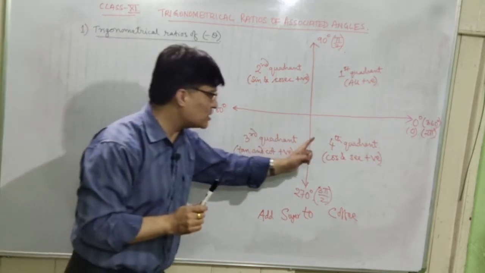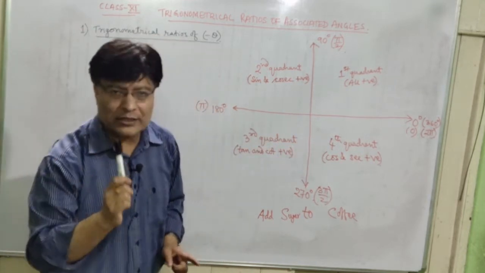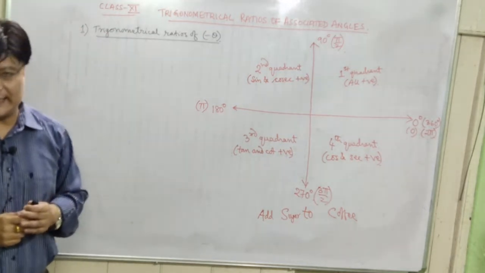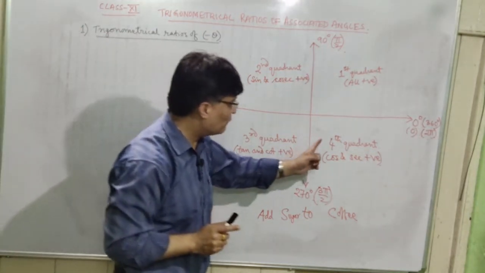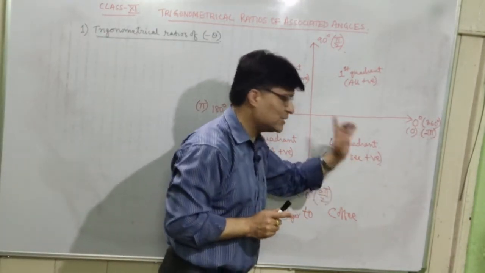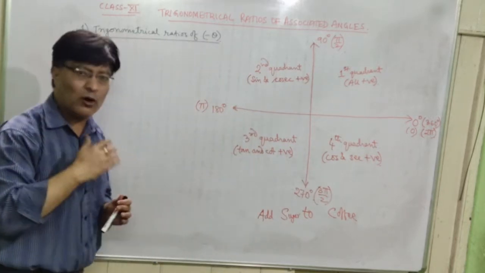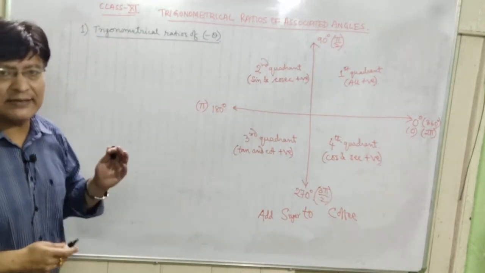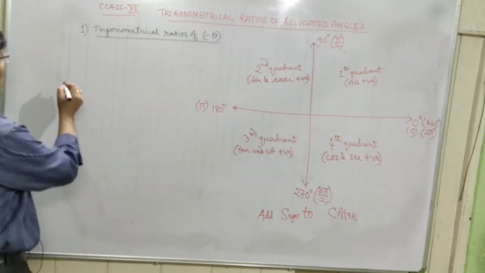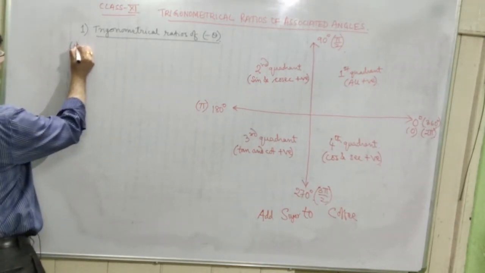Minus theta always lies in the fourth quadrant, whatever may be the value of theta. And you know that in the fourth quadrant, cos and sec are positive, but all other trigonometric ratios are negative. So let us write down the formula for number 1.